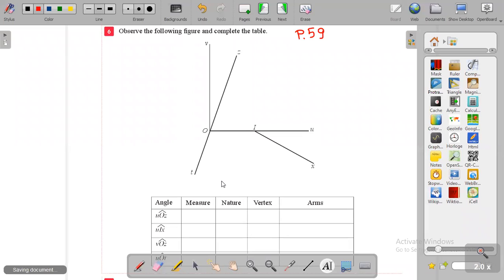We use a protractor, but first we have to elongate its arms. Let's find the arms. The arms are OU, OZ. Let's write the arms here.